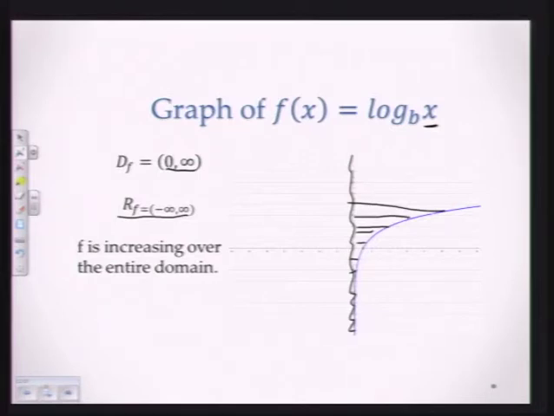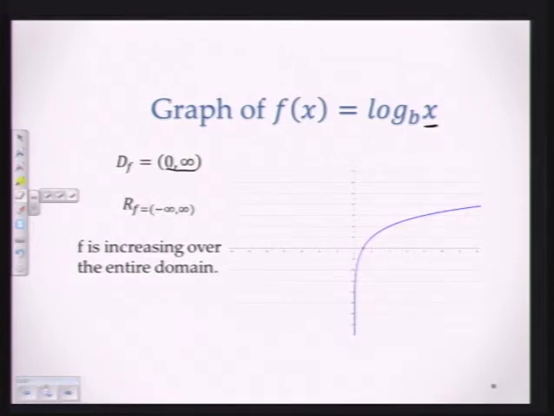Now, if you think about it, that's not really surprising, or should not surprise us, if you remember that when we had our inverse function of this exponential, log base b would be b to the x. The domain of that was equal to negative infinity to infinity.